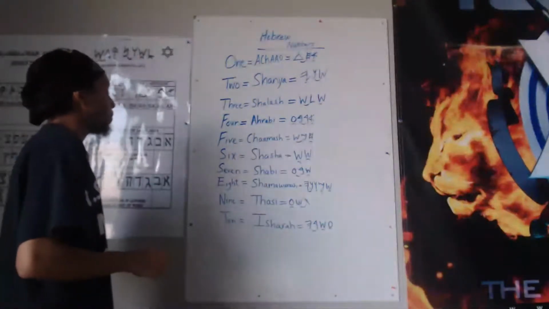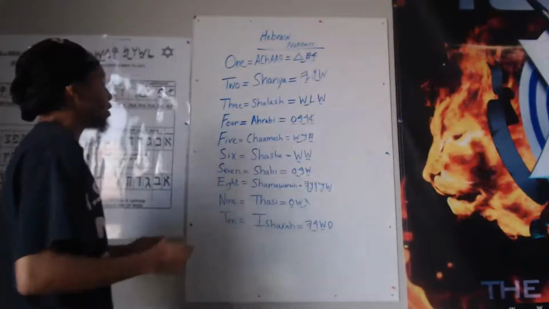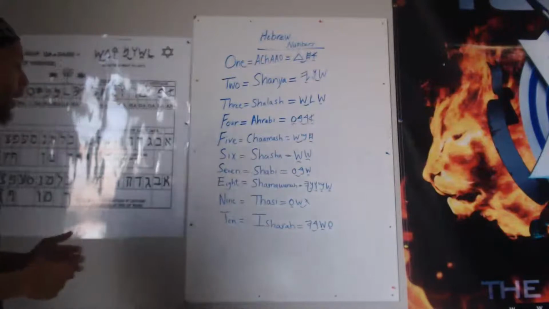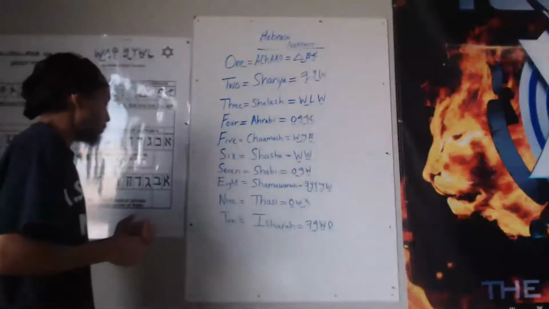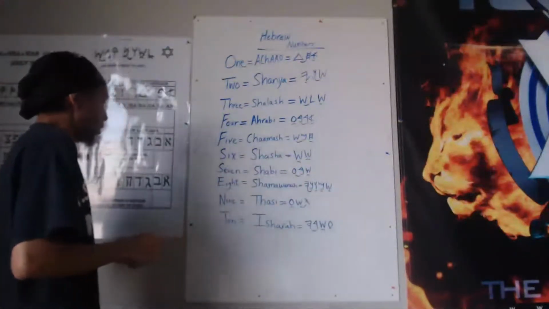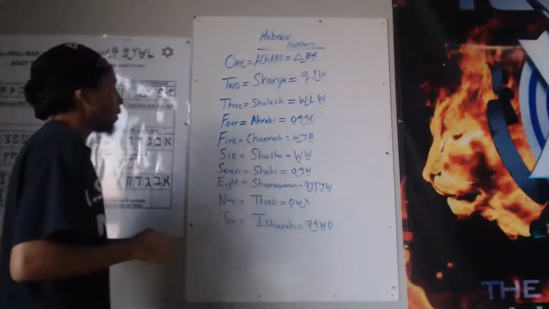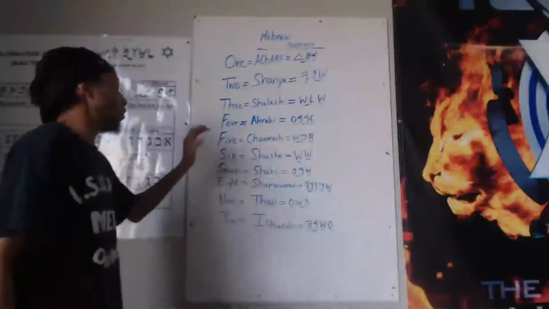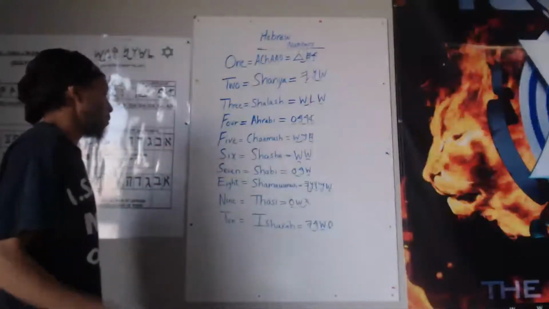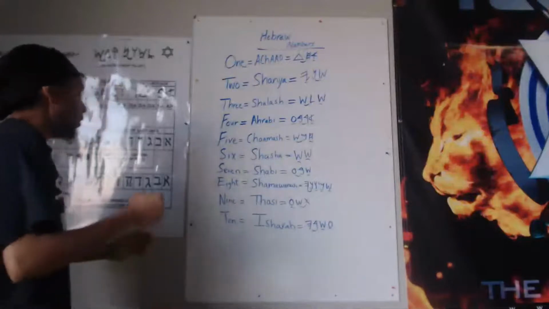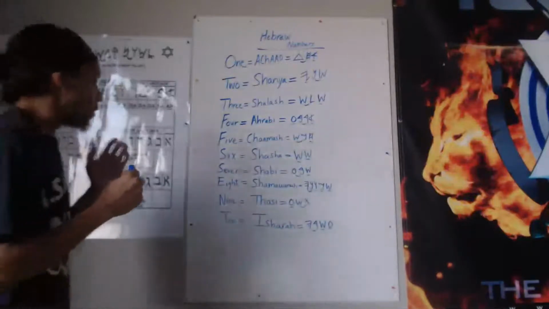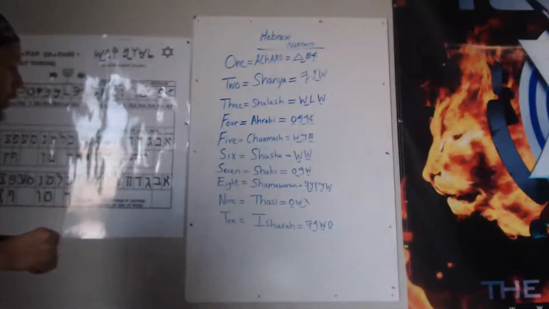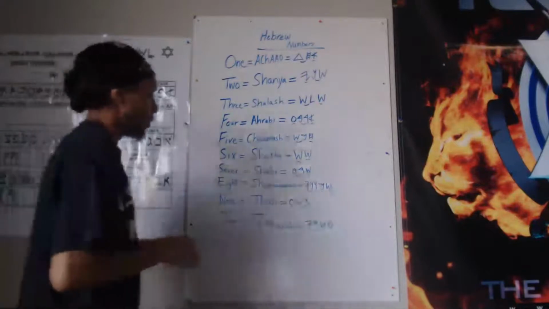Number 6, Shasha. 7, Shabbat. Number 8, Shamawana. Yeah, that's how you say it. That's right. Number 9, Desai. All right. Number 10, Asherah.